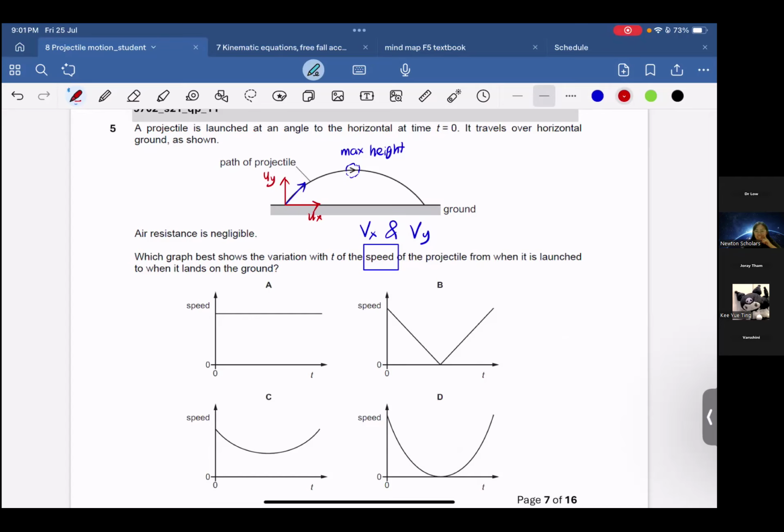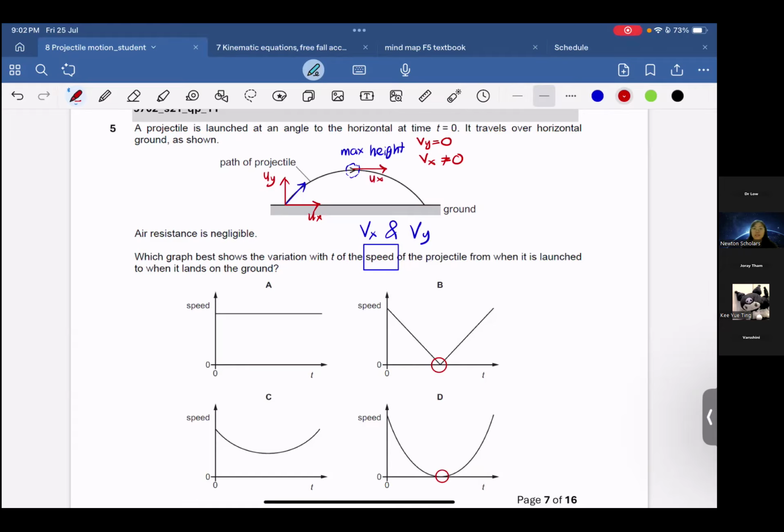Okay, dear, I will give you a hint again. Look at this: maximum height. At maximum height, will your velocity be 0 or not? At maximum height, your Vy is 0, correct? But your Vx is not 0. You still have Vx, which is the same as your Ux.